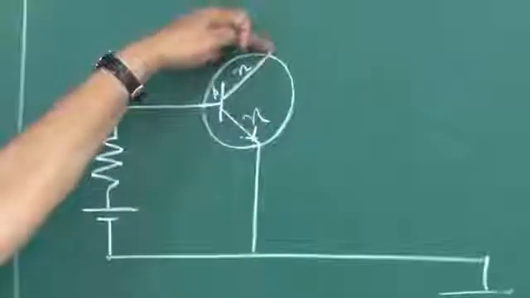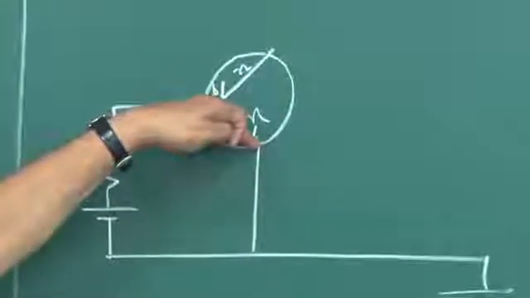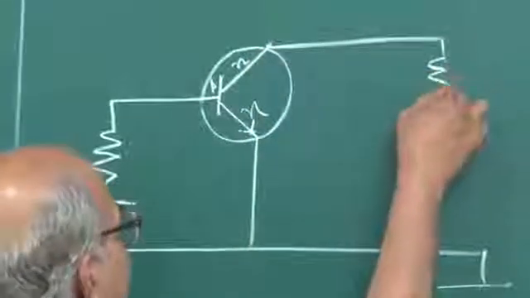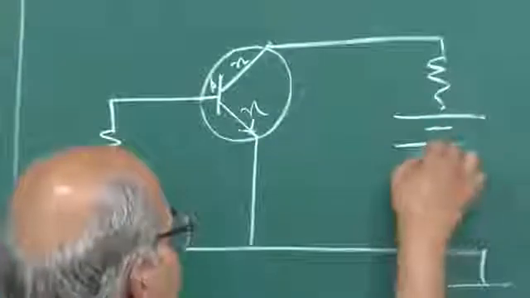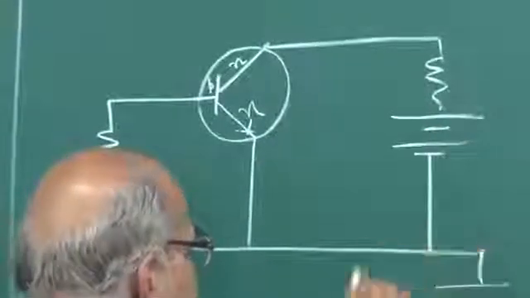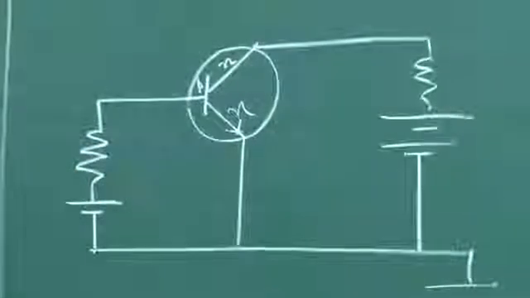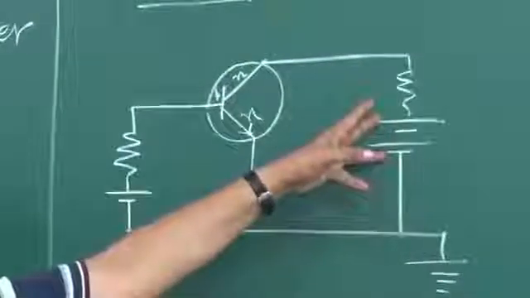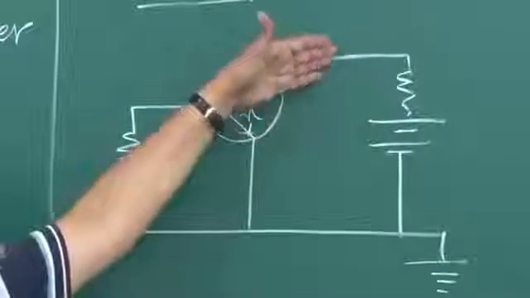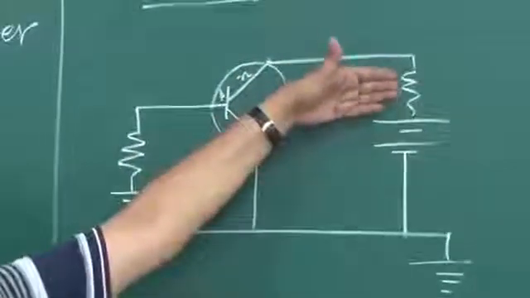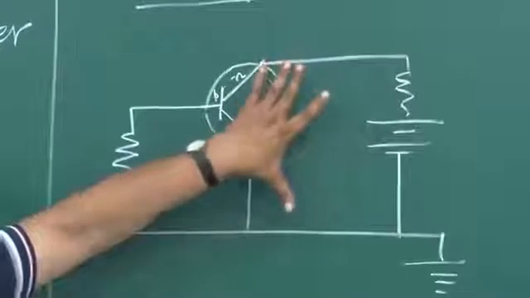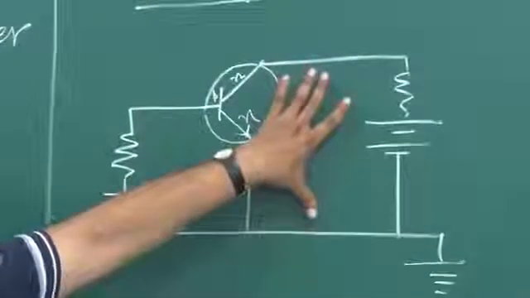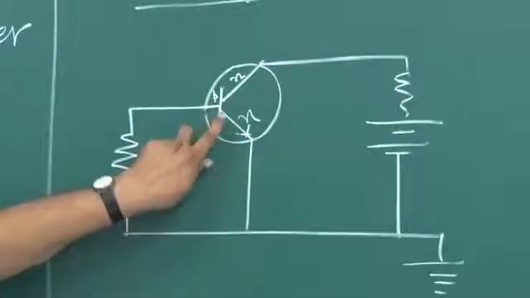So you have to add positive of the battery here, like this. And this should be large enough so that this is reverse biased, because there can be a current drop across this resistor and that can actually reduce this voltage. But this voltage should be positive and more than the potential that is dropped here.